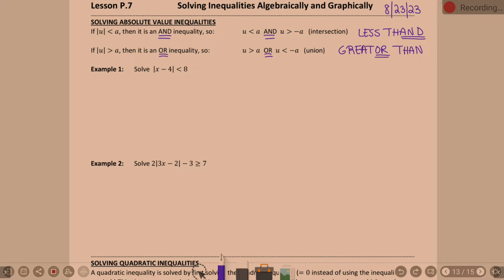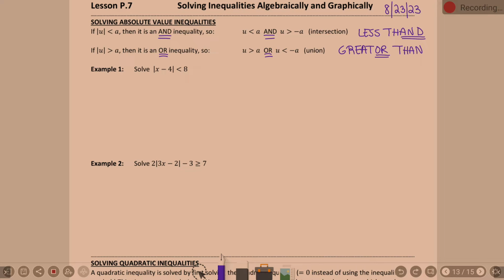Example 1. The absolute value of x minus 4 is less than 8. My absolute value is by itself, and there's an inequality, so I'm going to rewrite it as two.